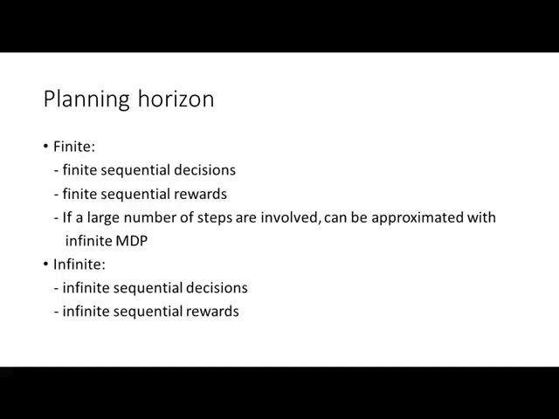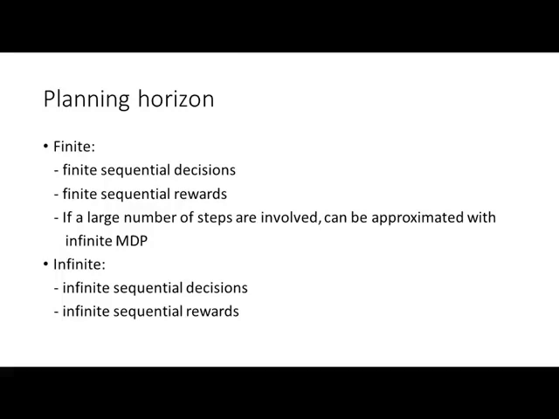What's an infinite Markov decision process? Very simple. It simply means the planning horizon is infinite. So you make infinite sequential decisions and you get infinite sequential rewards. And to someone, that's a problem, because how can you make infinite sequential decisions and get infinite sequential rewards?